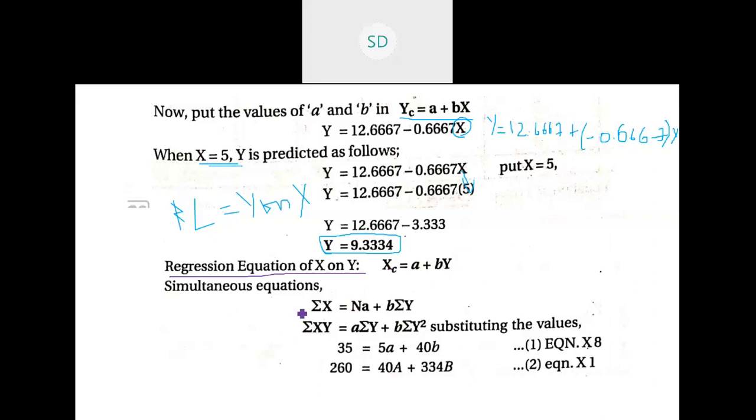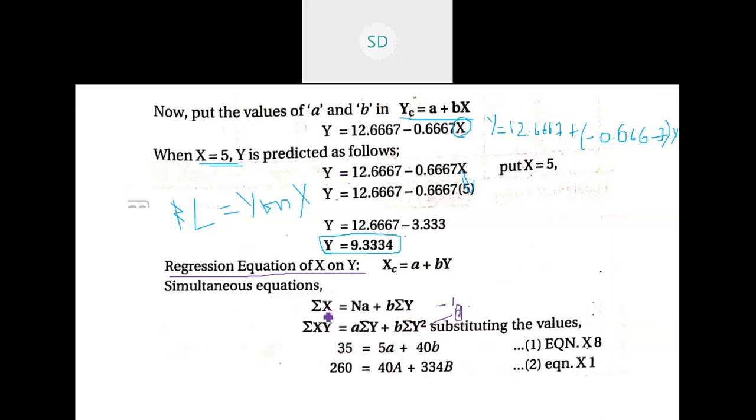So that will be summation x is equal to na plus b sigma y. That is equation number 1. And then you have summation xy. Okay, so summation xy is equal to a summation y plus b summation y square. So this will be your second equation. Now let us put all the numbers.